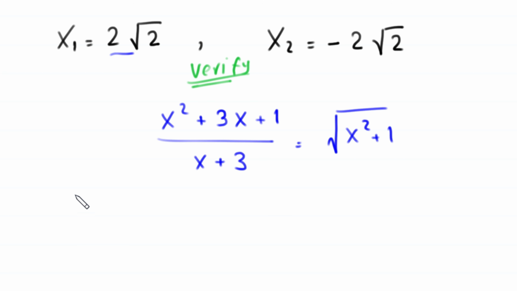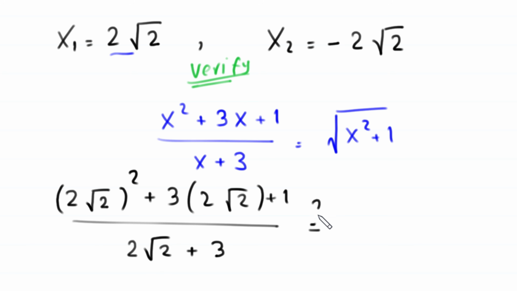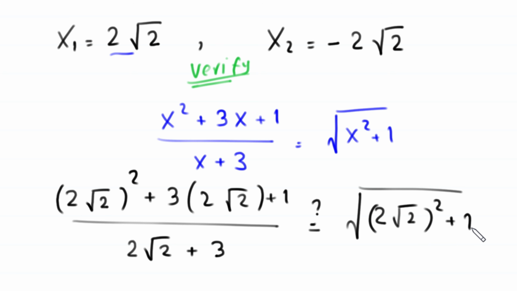The equation becomes (2 root 2 squared plus 3 times 2 root 2 plus 1) divided by (2 root 2 plus 3). Is this equal to the square root of (2 root 2 squared plus 1)?